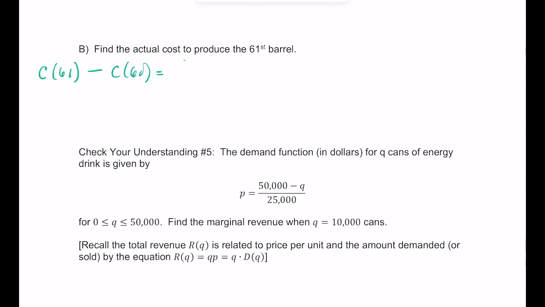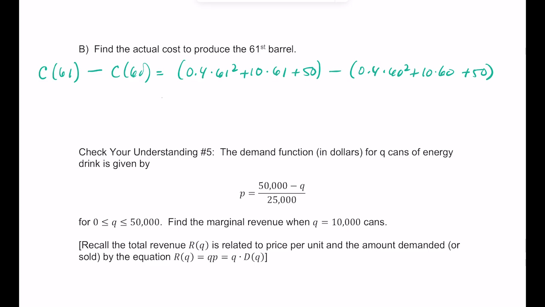So we've got 0.4 times 61 squared plus 10 times 61 plus 50, and then minus 0.4 times 60 squared plus 10 times 60 plus 50.